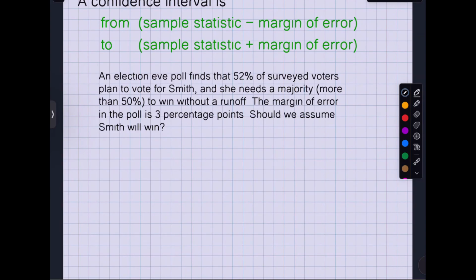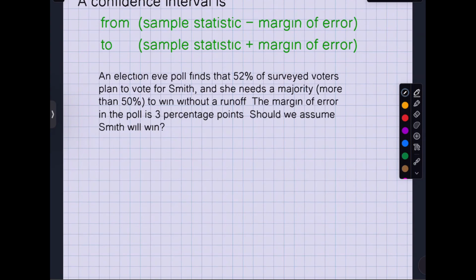Here it is. You take that 3 points in any direction, you have more of it above 50% than under it. Well, the problem is that if I take the 52% and add the 3%, I get 55. Subtract 3%, I'm at 49%. True, but with 49% as a possibility, even if it's 1%, I'm not guaranteed to win.